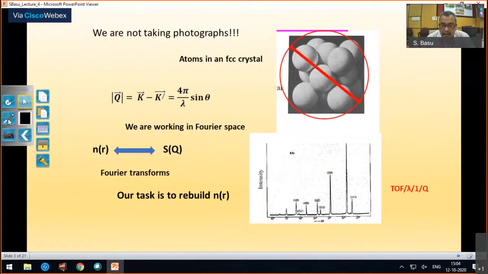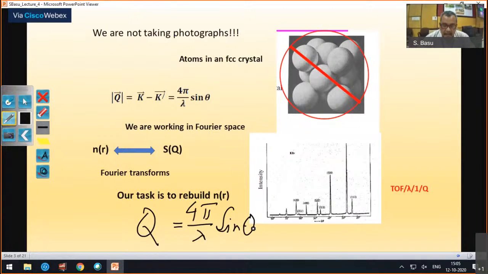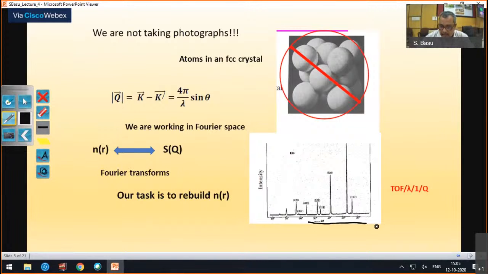You may be aware that I wrote earlier that the wave vector transfer Q equals 4 pi by lambda sine theta in a scattering experiment. So here the axis goes as time of flight.